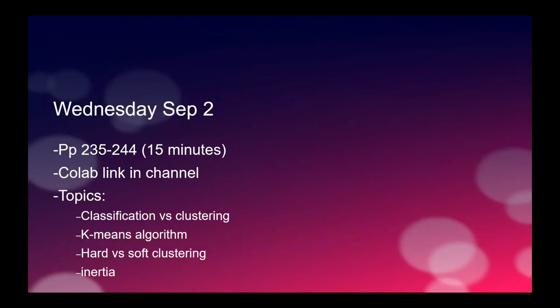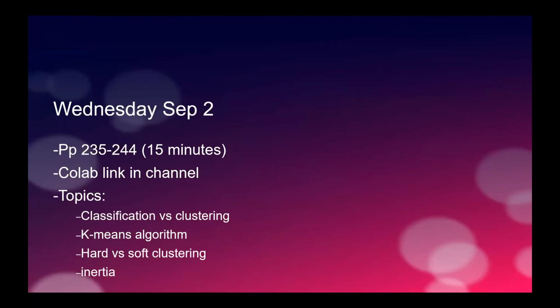So we're going to read pages 235 to 244. I'm going to give 15 minutes for that, and I hope that's okay because there's a lot of code and a lot of the things are repeated, and there's a lot of notes and discussion in the notebook that's not necessarily in the book. I have given you a link to a Colab in the channel.